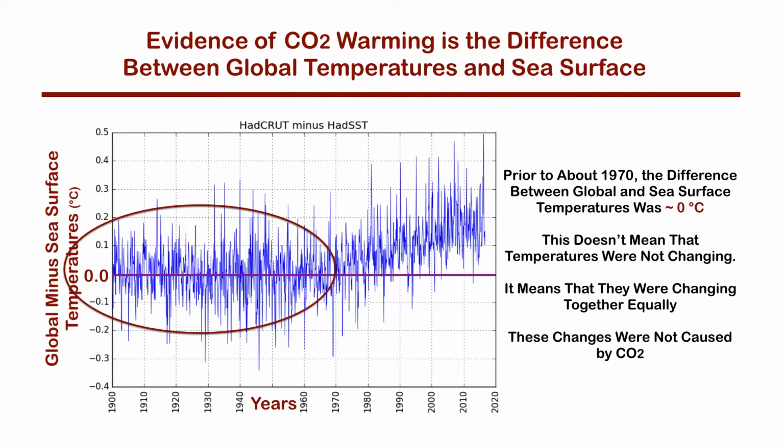Now, this doesn't mean that the temperatures were not changing. It means that they were changing equally together. Sea surface and global temperatures were going up and down during that period of time, but they were going up and down together such that the difference between them stayed at roughly zero. And these changes were not caused by CO2 since they started basically in 1850.